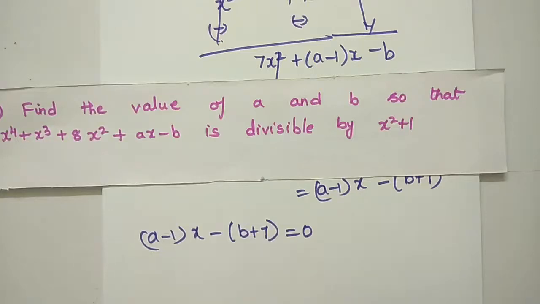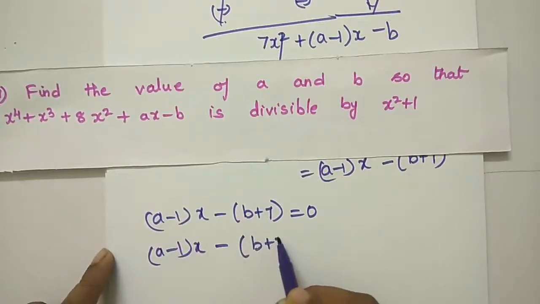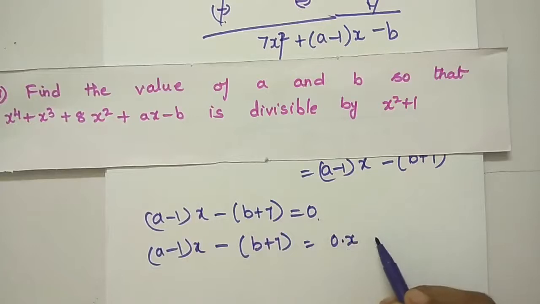Okay. Now observe carefully how I am writing it. My a minus 1 into x minus b plus 7 into x. This 0 can be written as 0 into x. Is it not? Because 0 into x is 0 plus 0. 0 into x is 0. 0 plus 0 is 0.